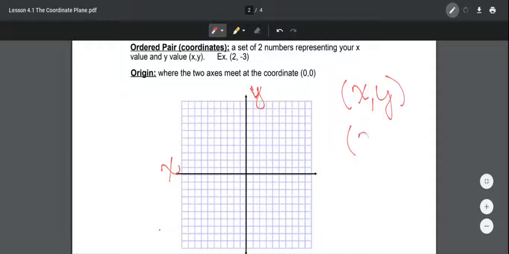For example, the point (2, -3) tells me I move across the x-axis to +2 and then down the y-axis to -3, giving us the point (2, -3). The origin is where the two axes meet at the coordinate (0, 0). So this is the origin.